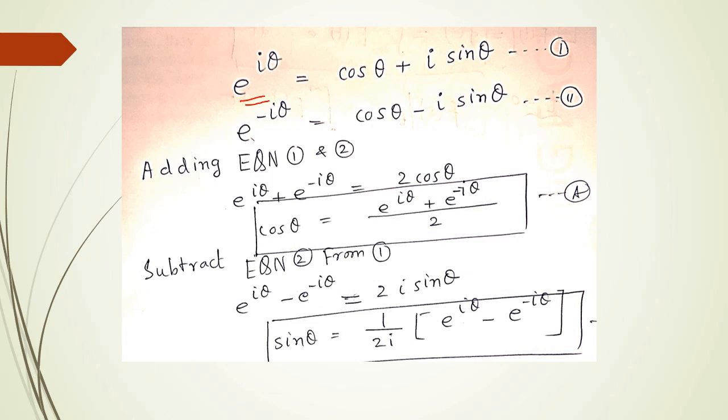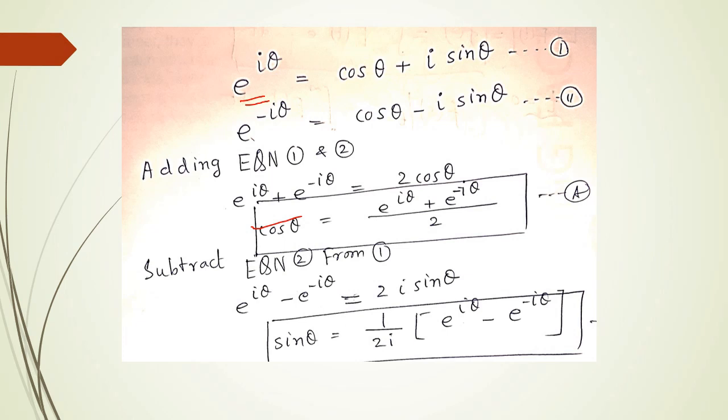Now if we add equation 1 and equation 2, we obtain 2 cos theta. So cos theta will be, the 2 will come down here, e to the power of i theta plus e to the power of minus i theta by 2. So this is the cos theta expression. Similarly, by subtracting 2 from 1, we will get the sin theta expression.